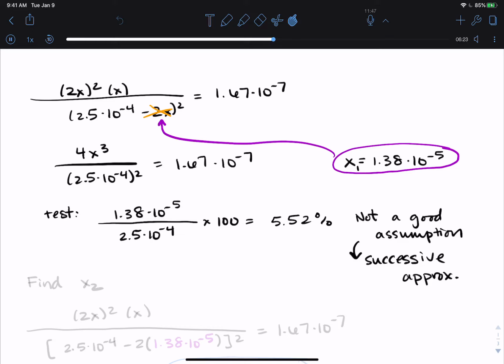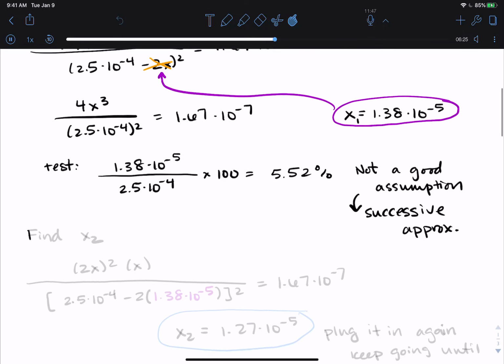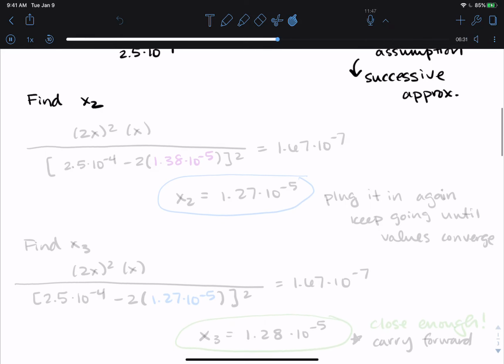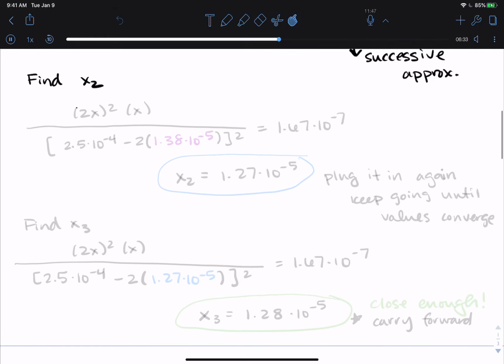So that was the first value of x. I'm going to find a second approximation for the value of x, which means I still have 2x squared, I still have x, but I now have, I'll put this in brackets, 2.5 times 10 to the minus fourth minus 2 times the x1 value that I just had, 1.38 times 10 to the minus fifth.